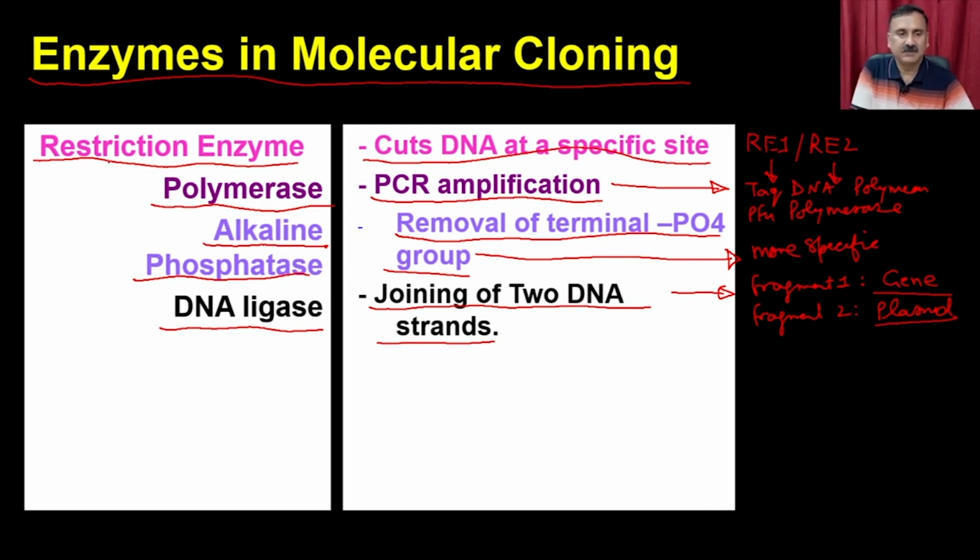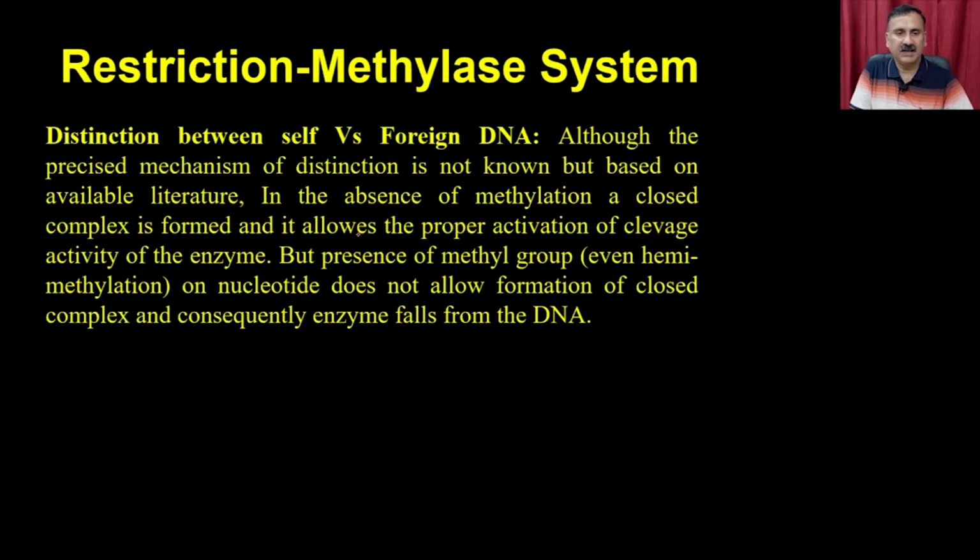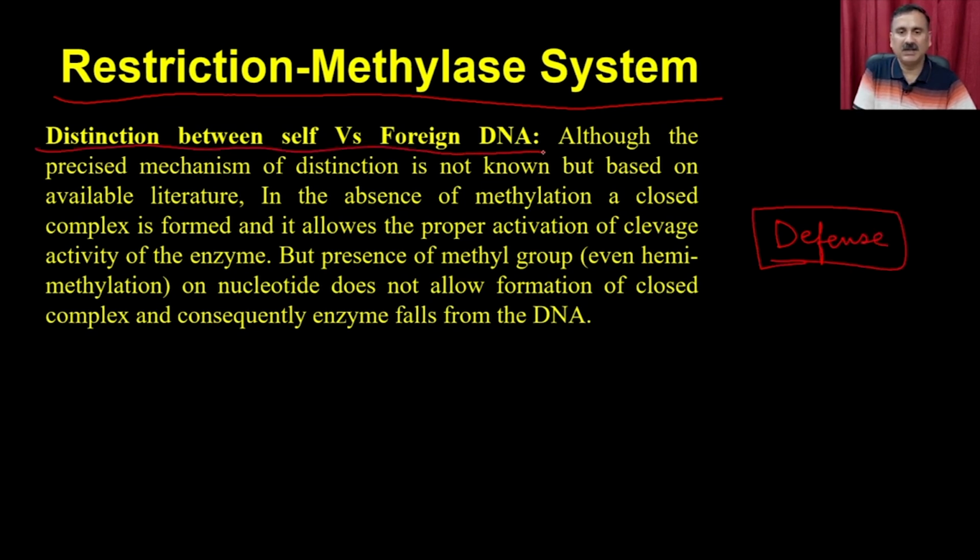So let's start first with the restriction enzymes. Restriction enzymes are a part of the restriction methylase system, which is a defense system present in the bacterial system. It allows the bacteria to make a distinction between self and foreign DNA.